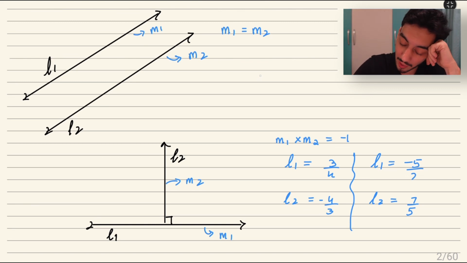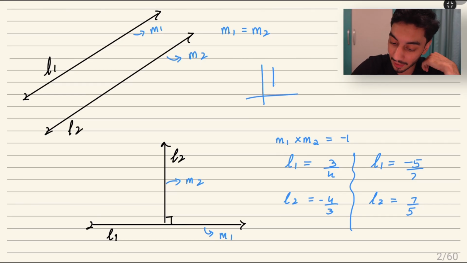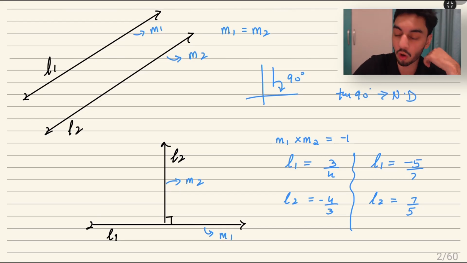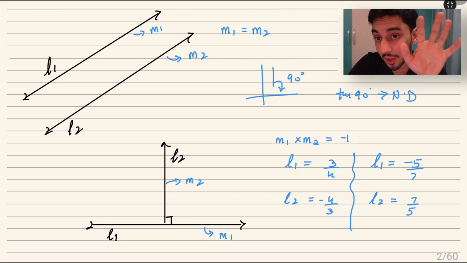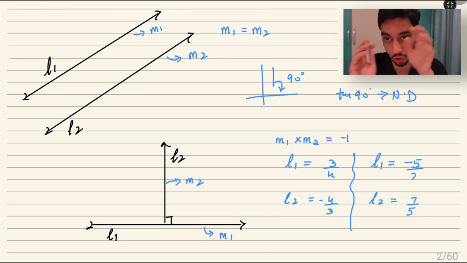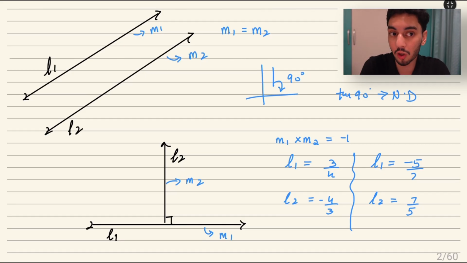Because when something is parallel to the y-axis, let me just draw a rough diagram over here. When something is parallel to the y-axis, the angle with the x-axis would be 90°. And we know that tan 90 is basically not defined, or we also call it infinite. In some cases it is truly not infinite, it is not defined, but in terms of slope, it is surely an infinite slope. So that is something to be kept in mind.